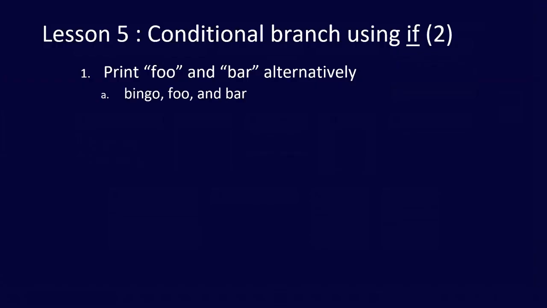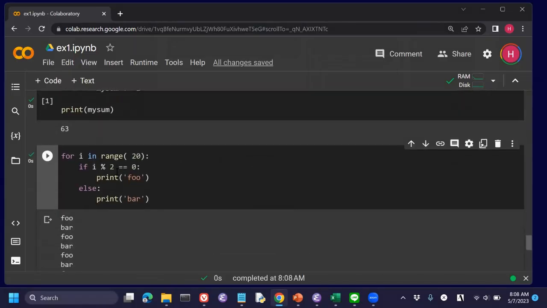How about printing bingo, foo, and bar alternately, in turn? It's the same. This time we divide by 3, and depending on the remainder, in this case we can use elif.